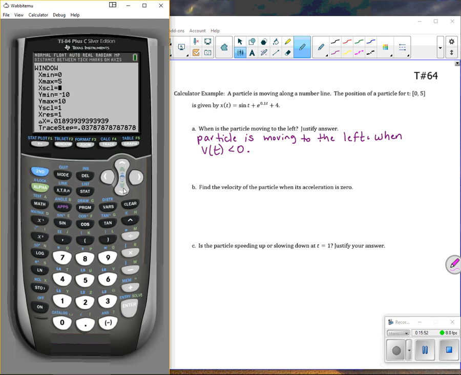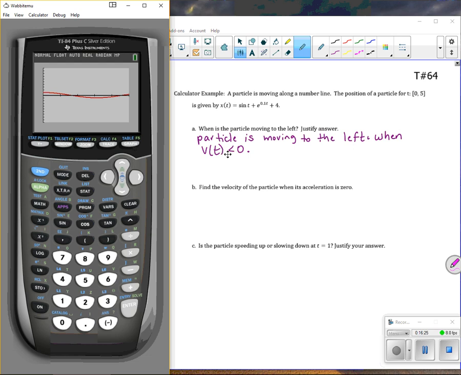I could maybe zoom in a little bit on the axis, but let me just go from there and see what we have. Takes it a minute, but it's doing some hard work here. It's graphing the derivative. While it's graphing, we can see that we're going to have probably one interval there, because this is the graph of the velocity.